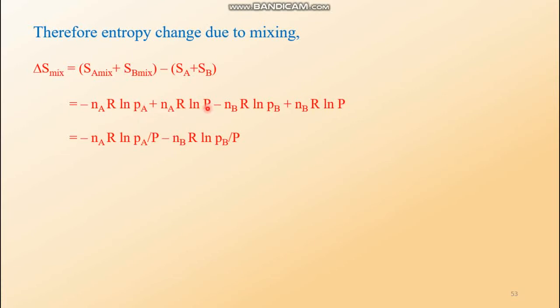So instead of capital P by small pa, we are writing small pa by capital P, because the negative sign remains unchanged. Same thing happens here also: Nb ln small pb by P. So we are just combining these two logarithmic terms and these two logarithmic terms. Here not the product but the ratio, because opposite signs are here.